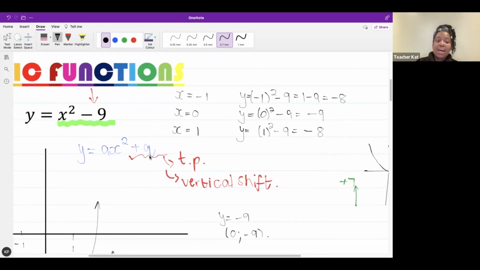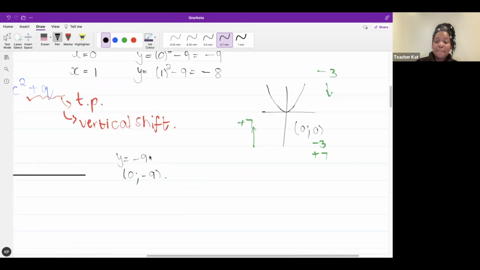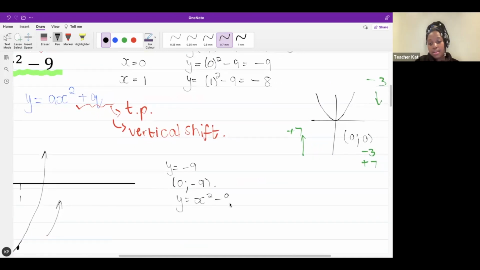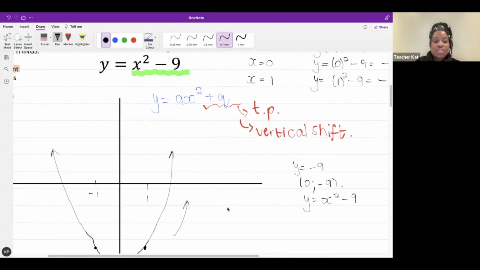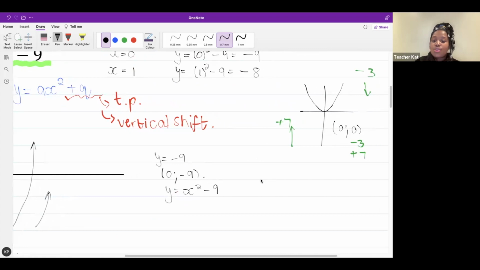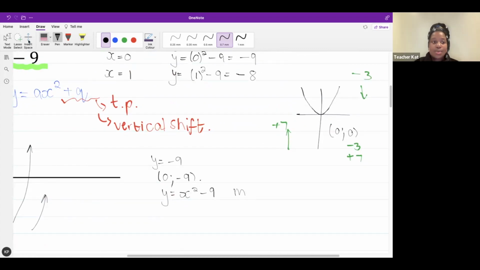Look at the formula, x squared minus 9. Substitute what, guys? But remember, you don't know the intercept, Abu. My question is, if you didn't have the graph and you didn't know your intercept, what would you do? You make x 0. Nice, Abu.